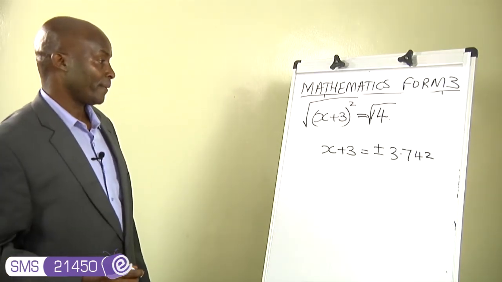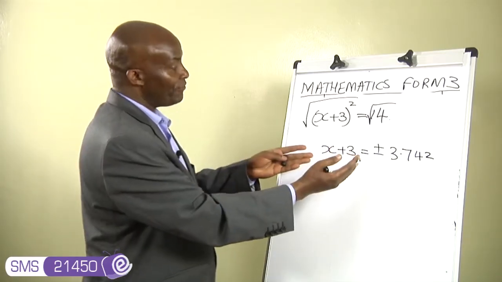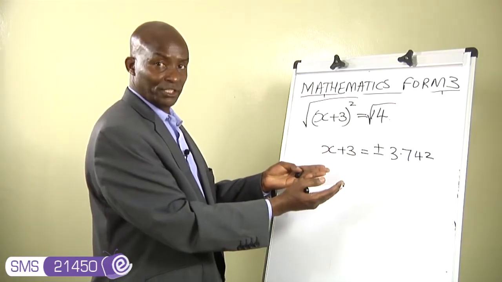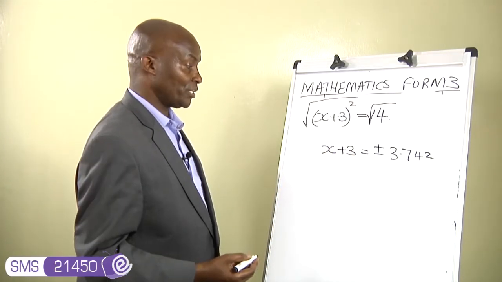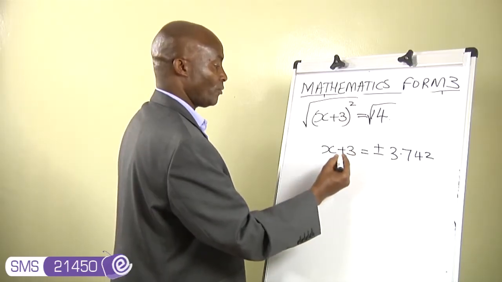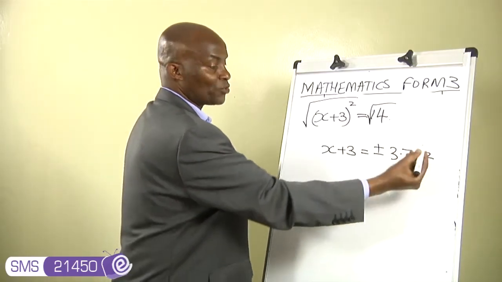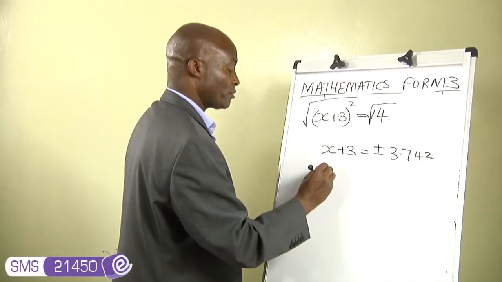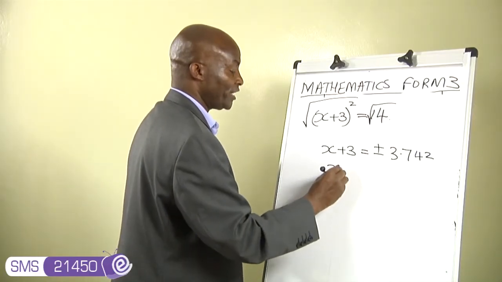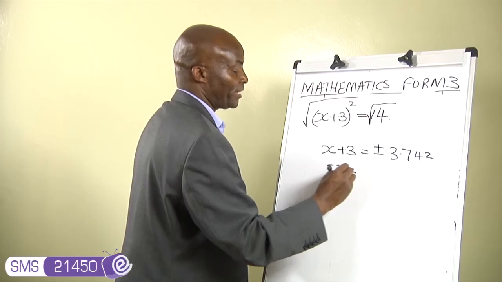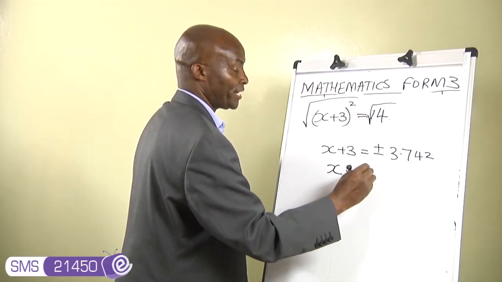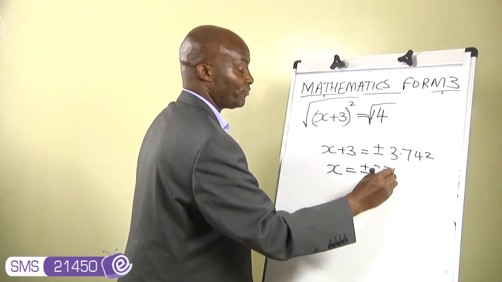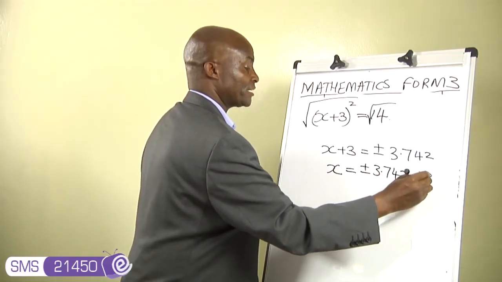So we will have two solutions in this kind of question. What remains here is to take 3 to the other side, and it becomes negative. So x is equal to plus or minus 3.742 minus 3.